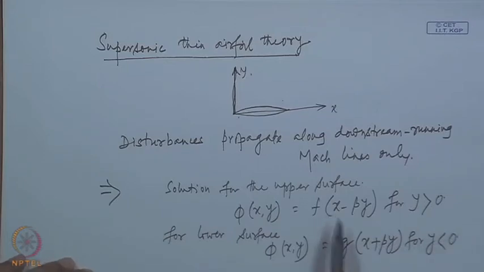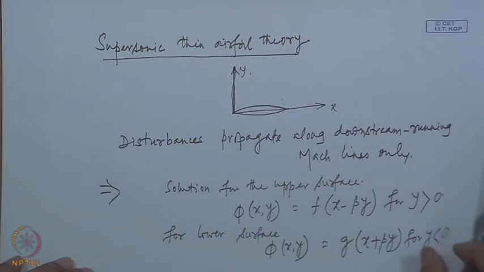Now, the specific form of f and g can only be obtained by satisfying the wall boundary condition.